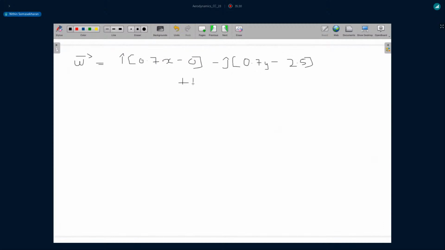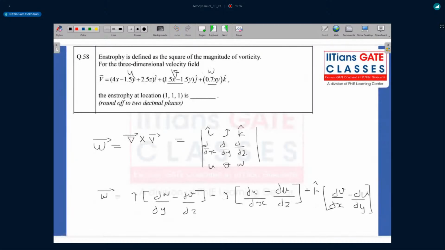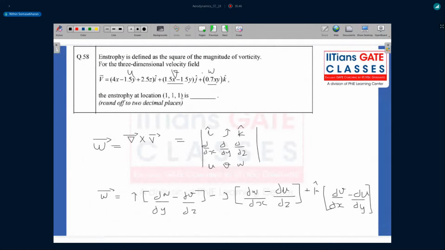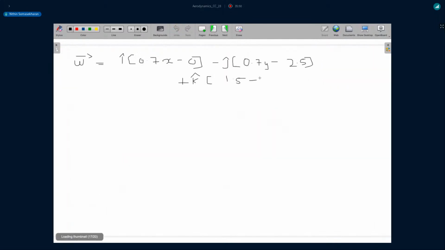Finally, I have k cap times dou v by dou x. If I differentiate v with respect to x, I get 1.5, minus dou u by dou y. Dou u by dou y is nothing but minus 1.5, so negative. Right.